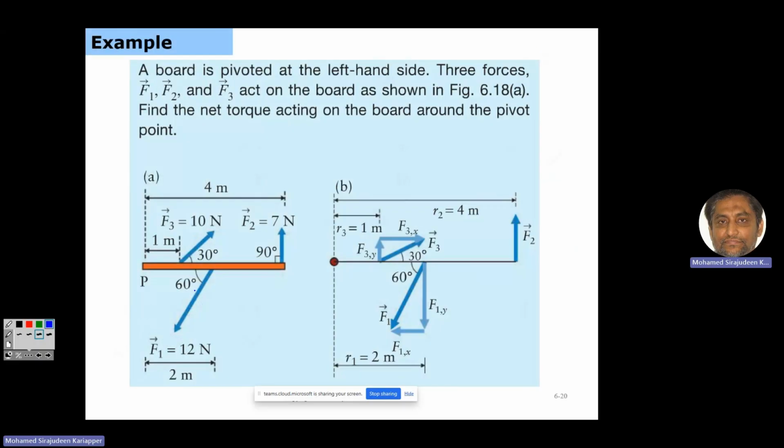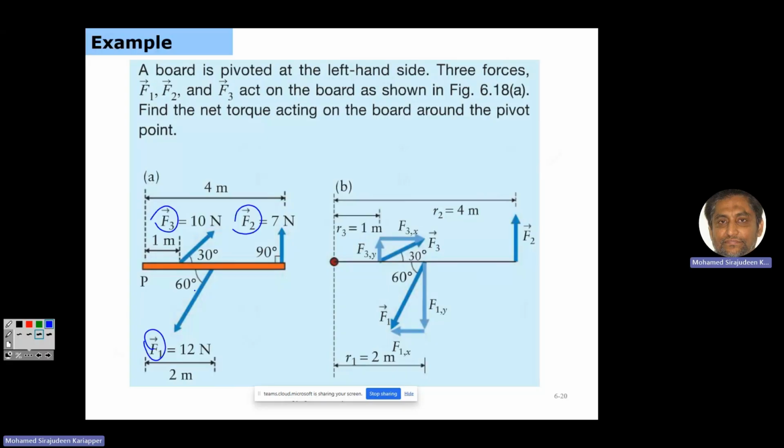So now we are ready to do a question. Find the net torque. A bar is acted upon by three forces, F1, F2, F3.